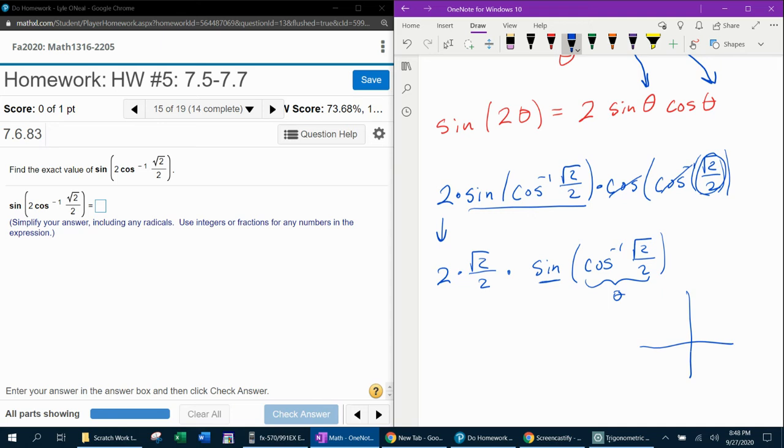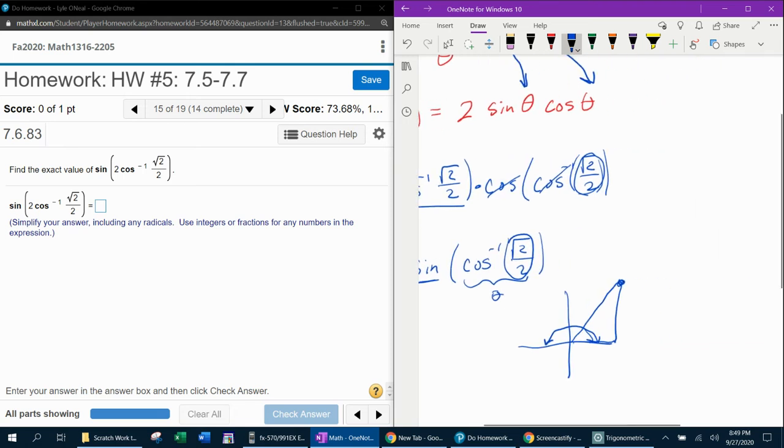Well, remember, inverse cosine is restricted to angles from 0 to pi, and it is positive in the first quadrant. So we know that this angle is a first quadrant angle, and we know that cosine is x. So that means that the x coordinate at this ordered pair out here is going to be square root of 2 over 2.